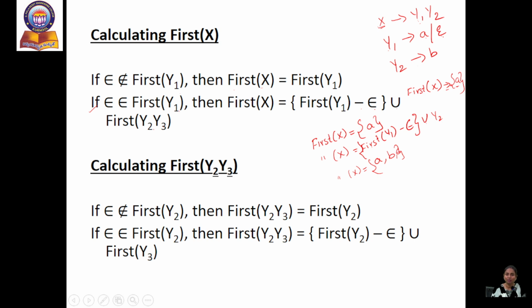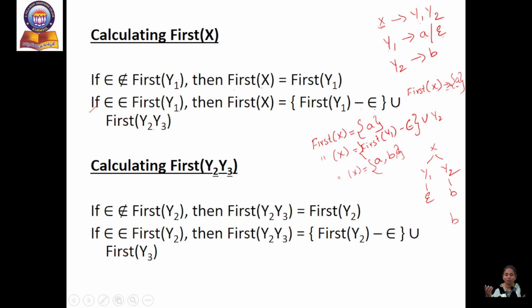That is nothing but, suppose we substitute in the production, that is x derives y1 and y2. Suppose we take y1 derives a and y2 derives b, so the string we derived is ab. It's okay. But in the place of y1, if we substitute epsilon, then what will be the string?